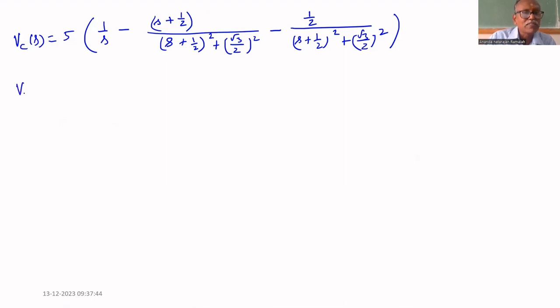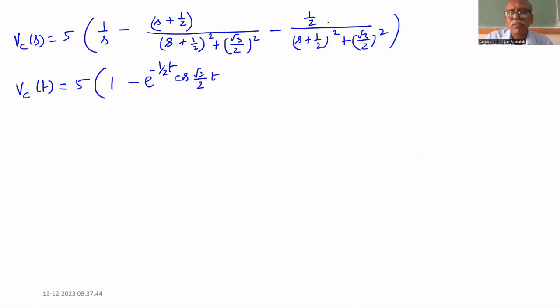So now we can take Laplace inverse. VC of t equal to 5 multiplied by 1 minus, here instead of b, 1 by 2 is there. Therefore, e power minus 1 by 2 t cos root 3 by 2 t. Here we have to multiply this by root 3 by 2 and divide by root 3 by 2.